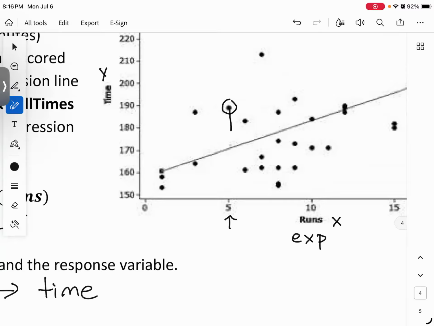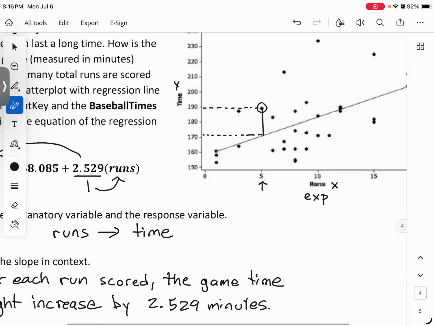And if we draw its residual, you can see that 189 was the observed, and 171 was what would have been the predicted amount off the line. So a distance of 18, and on the positive side, because the observed was higher than the prediction.